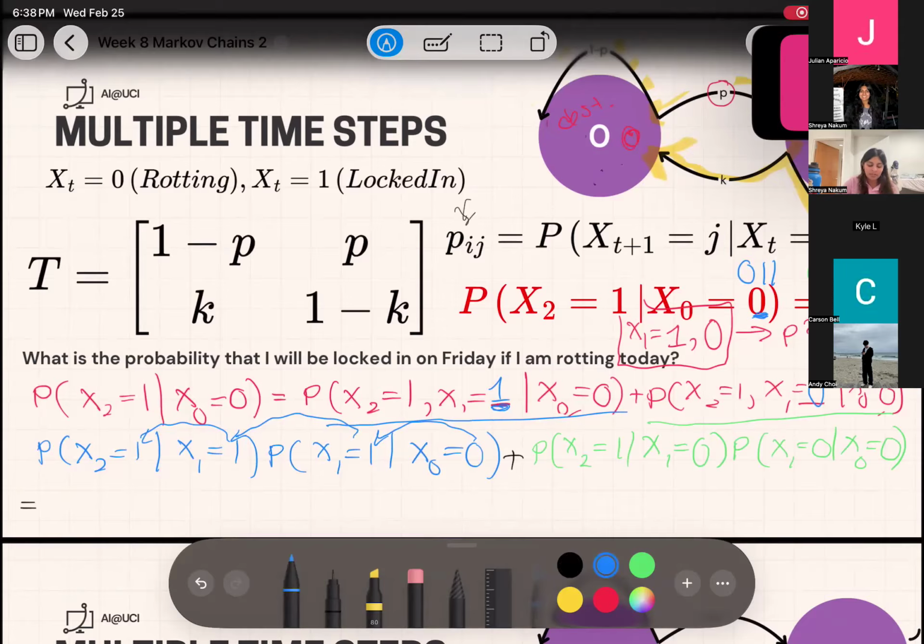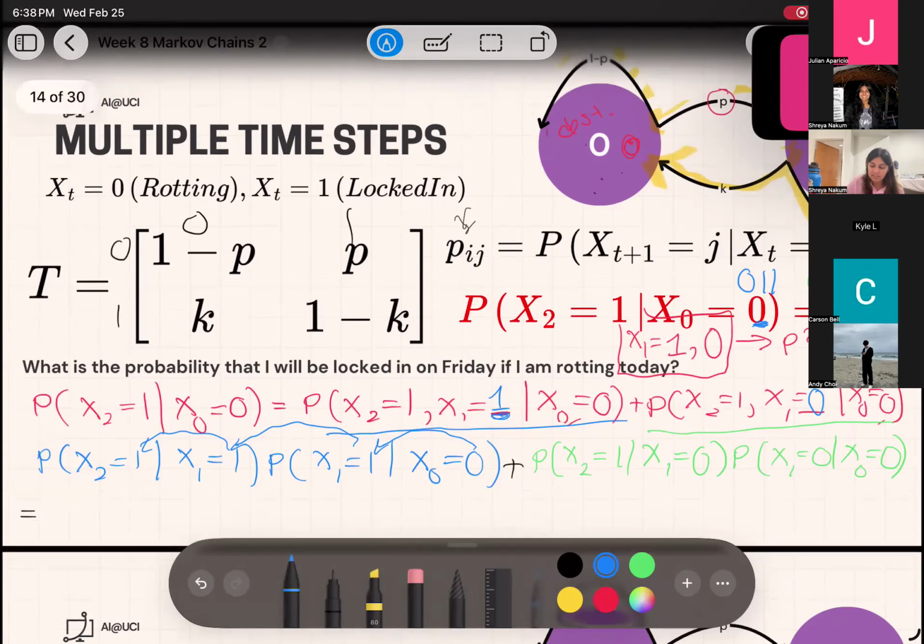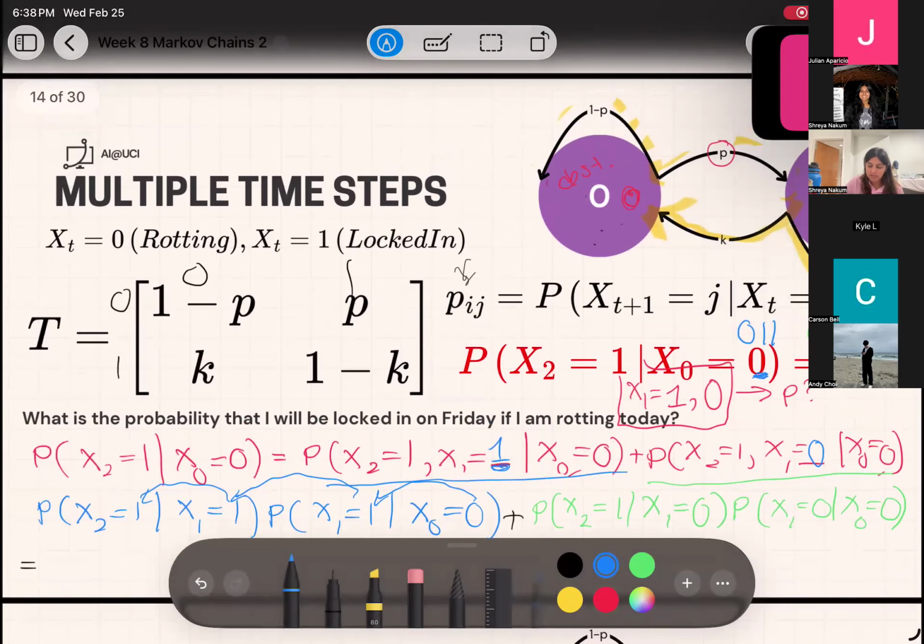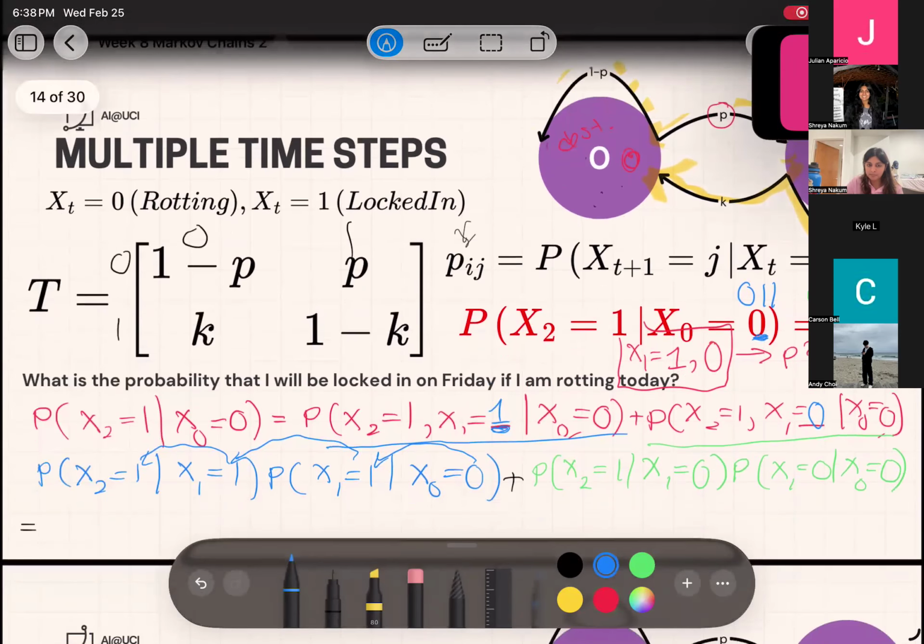What is the probability that x2 equals 1 given x1 equals 1? This is the probability that given that we're locked in, we're going to be locked in. 1 minus k. Yeah, it's 1 minus k, exactly.